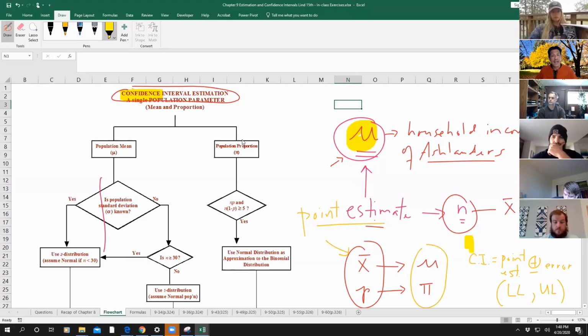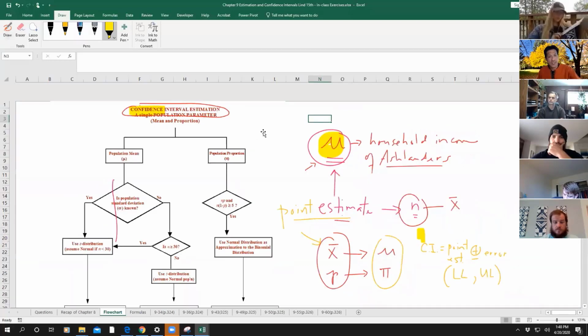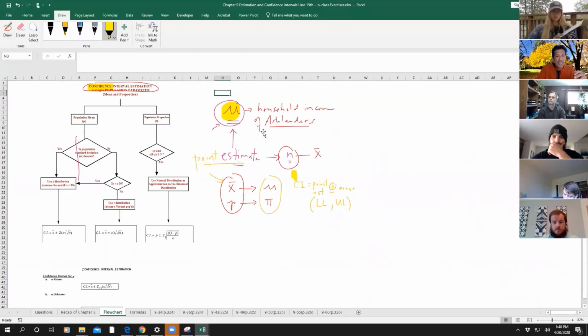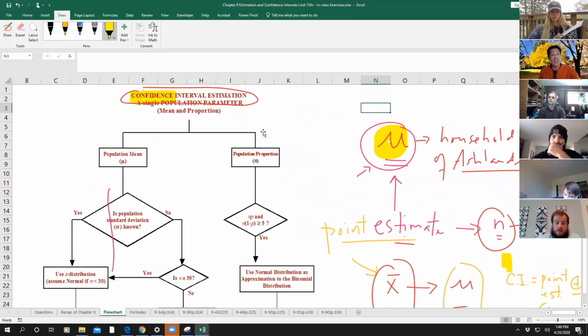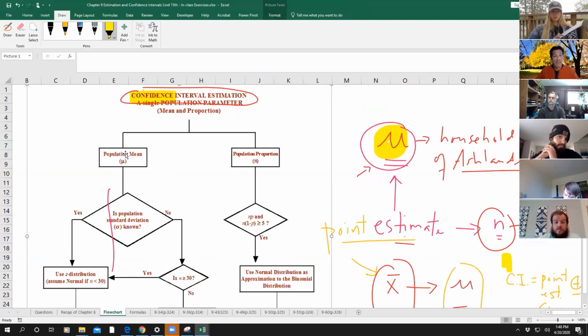Okay. So using this chart here, if the problem is asking you to compute a population mean, based on how you read the problem, it would ask either to estimate a mean or a proportion.